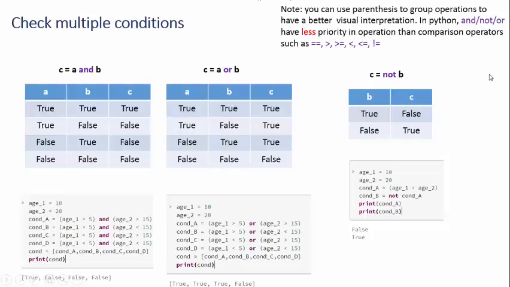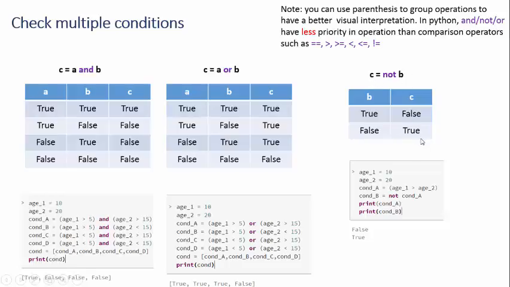And also there is a third kind of operation on a single condition, which is NOT. NOT basically takes the other side of B. For example, B can be true or false. Not B is basically when B is true, not B is false. When B is false, not B is going to be true.